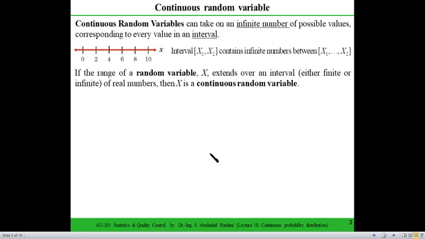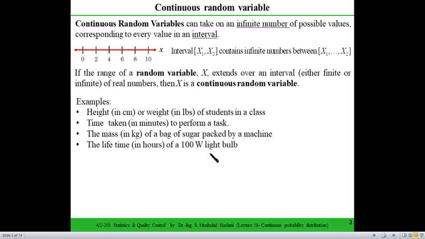If it is discrete values, then it would be called a discrete random variable. And if the random variable is continuous, it could be any value in that given interval.